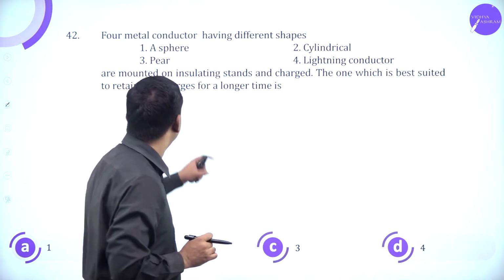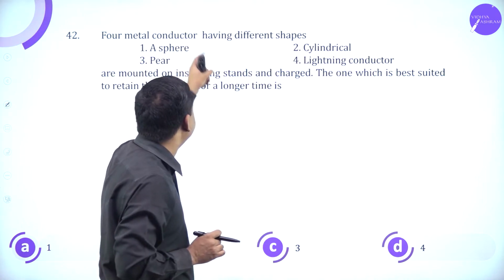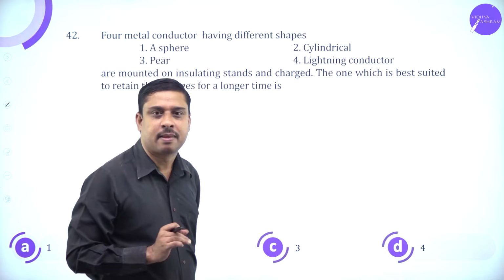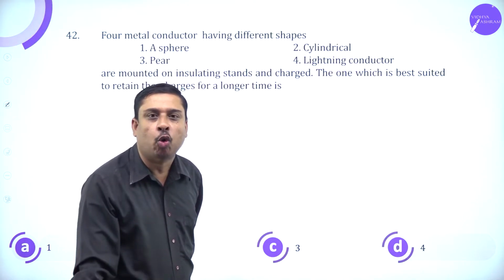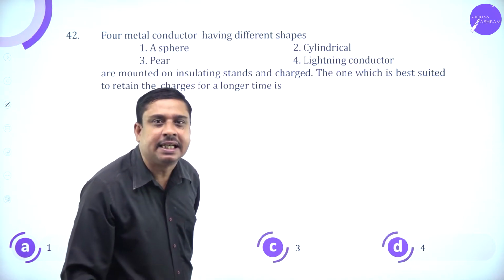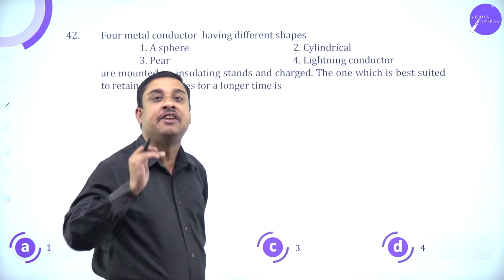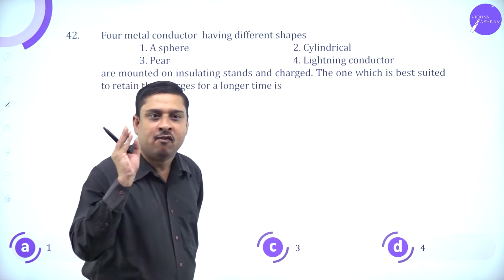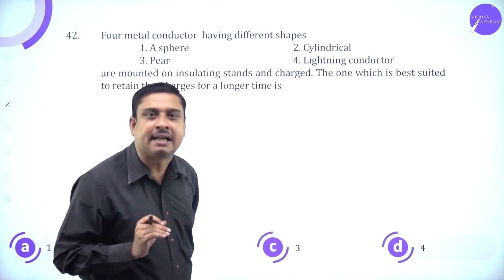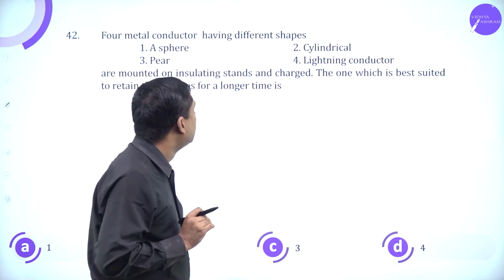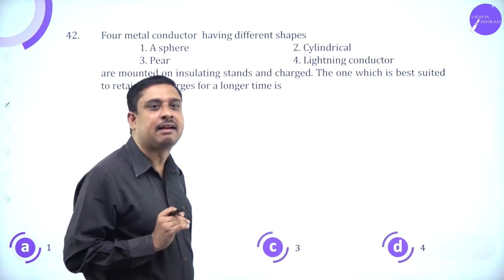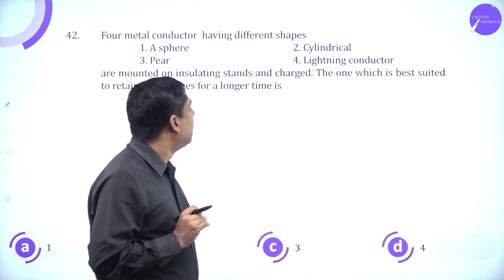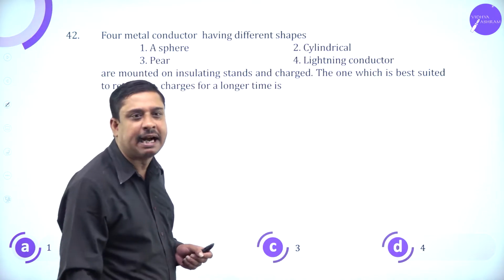Next one. 4 metal conductors having different shapes. Which are the shapes? 1 spherical conductor, 2 cylindrical conductor, 3 pointed, and 4 lightning conductor.